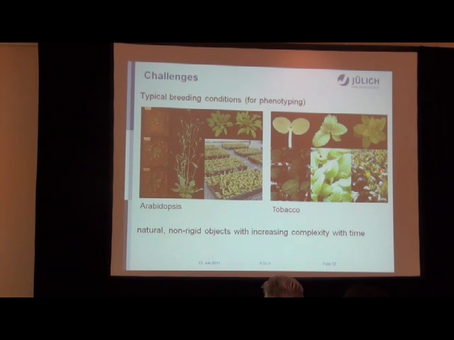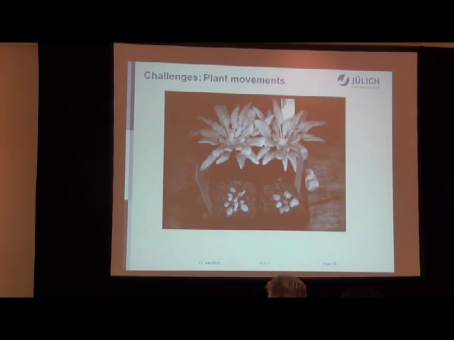And if you look at such a plant field, it's difficult even for a human observer to distinguish the leaves from different plants. And we have such a video showing how plants move, so I can show this later on my laptop if someone is interested.